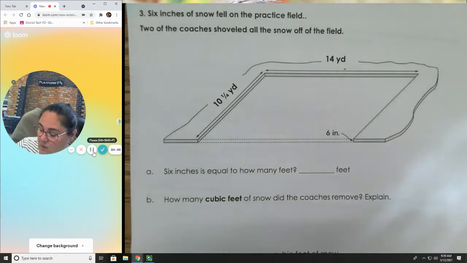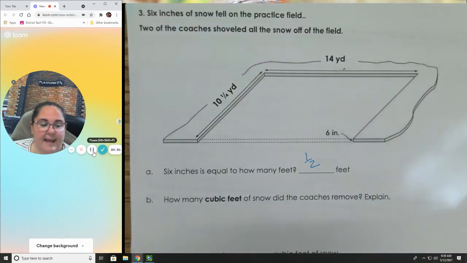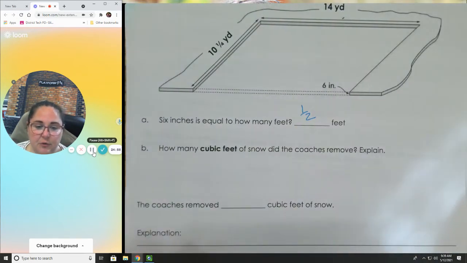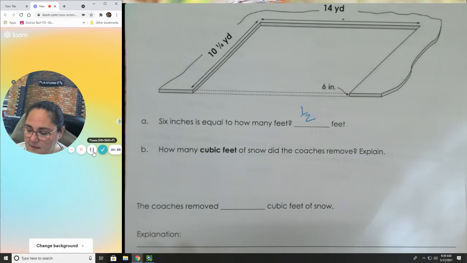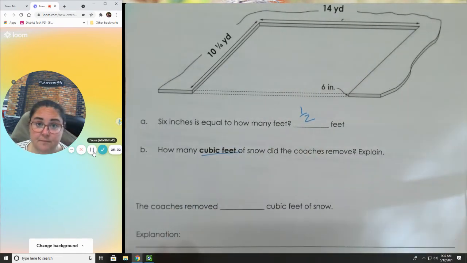6 inches is 1/2 of a foot. Okay. It says, how many cubic feet of snow did the coaches remove, and explain? I know that cubic feet means I'm finding volume.